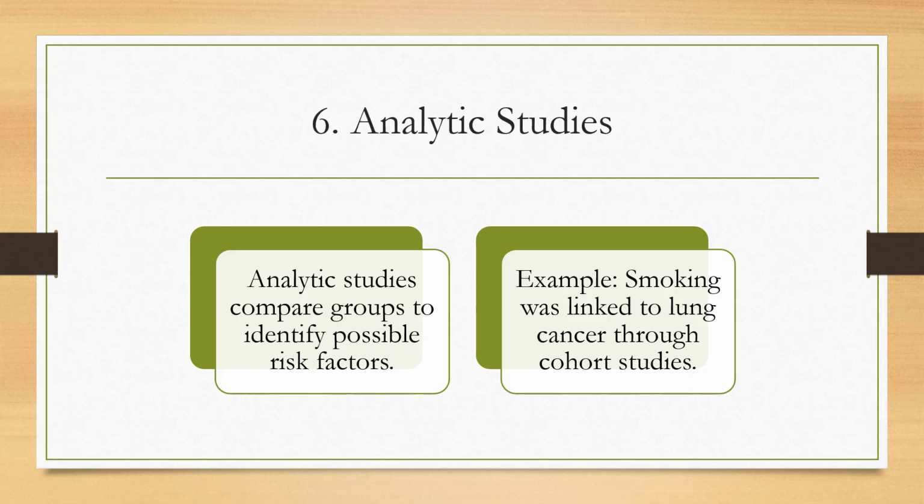The risk also increased with the number of cigarettes smoked. Because multiple studies produced consistent findings, scientists concluded that smoking is a major cause of lung cancer. These findings led to cigarette warning labels and smoking prevention campaigns.